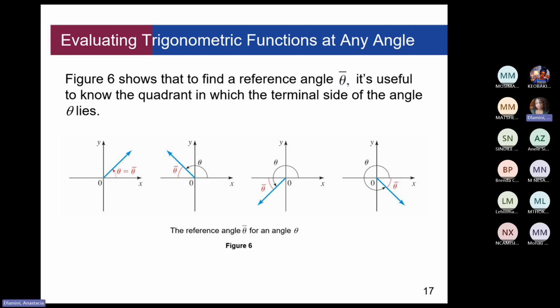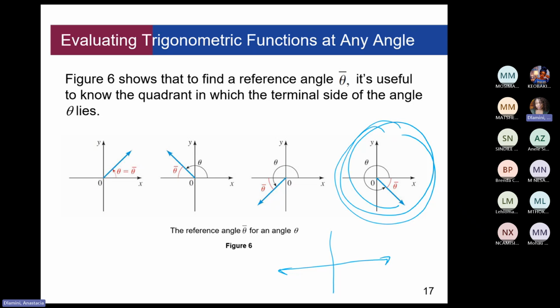There's something I want to remind you, especially with the fourth quadrant. Remember, we said that if you're going to move like this in the fourth quadrant, then it will be 2 pi minus that angle that you have moved with.